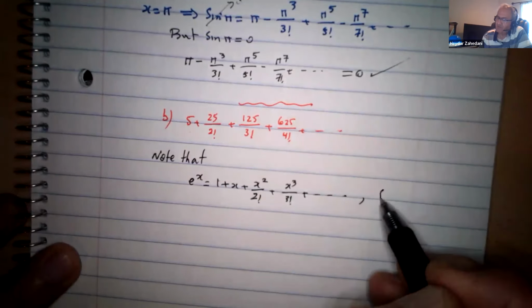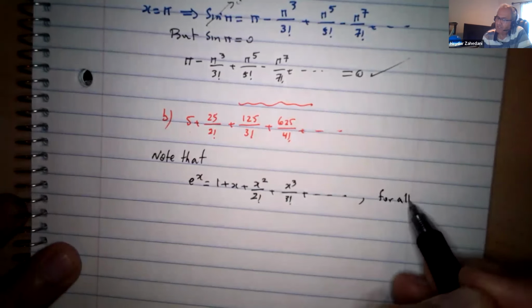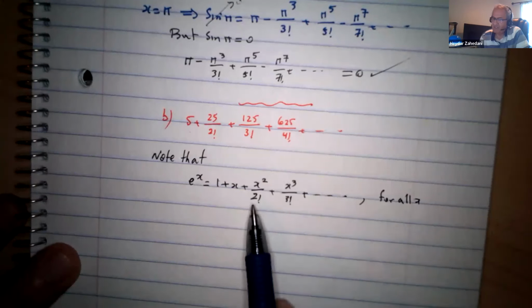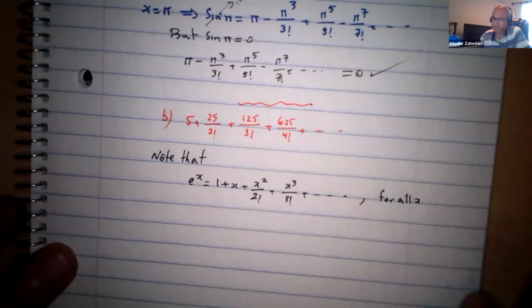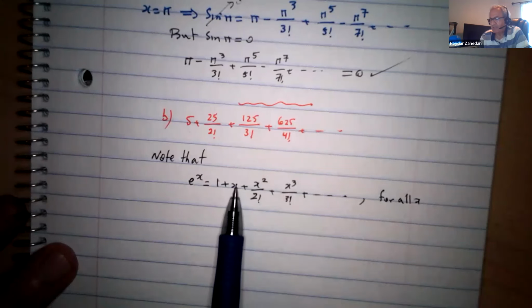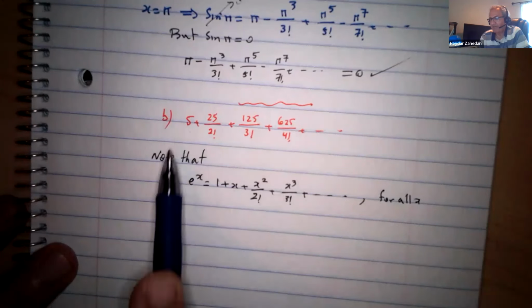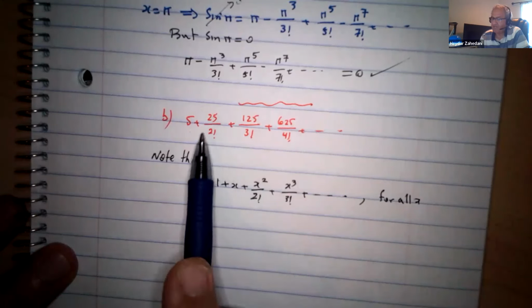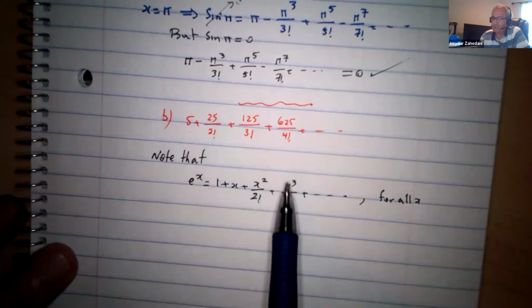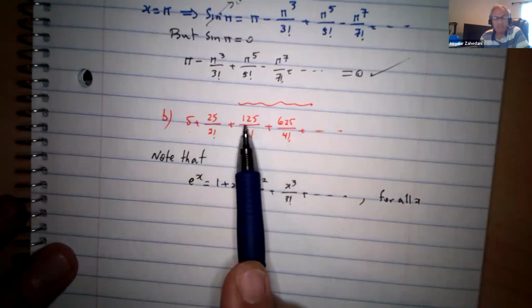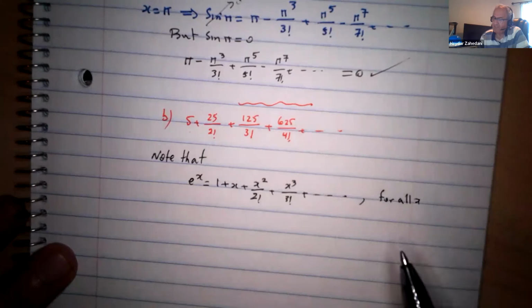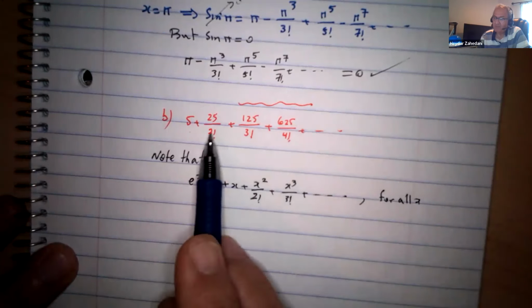This is true for all x. You compare it to see what your x is. With 2 factorial, x squared is 25, so x is 5. x cubed is 125, so x is 5.